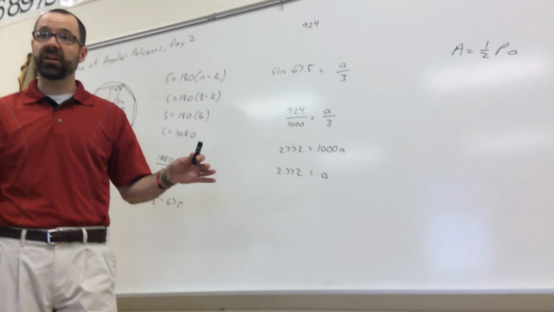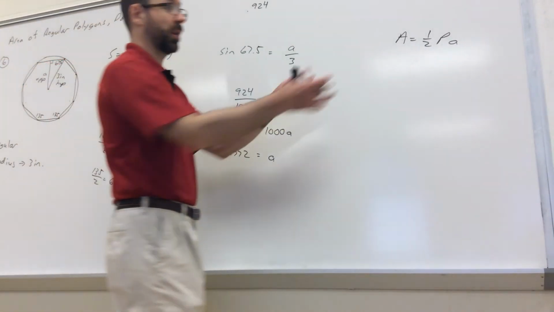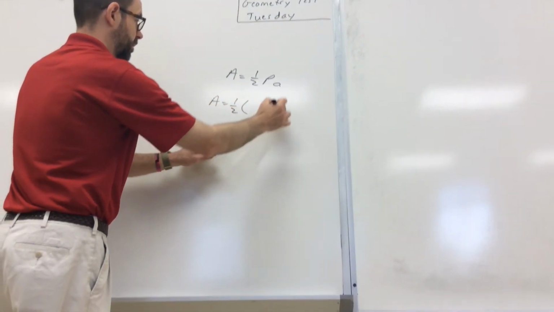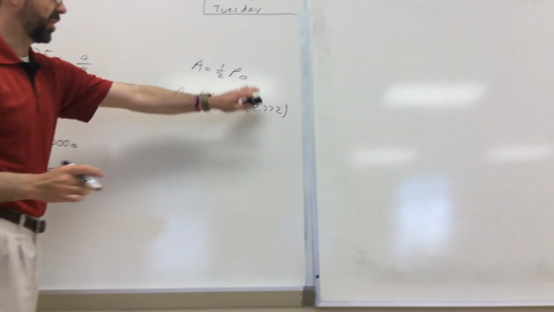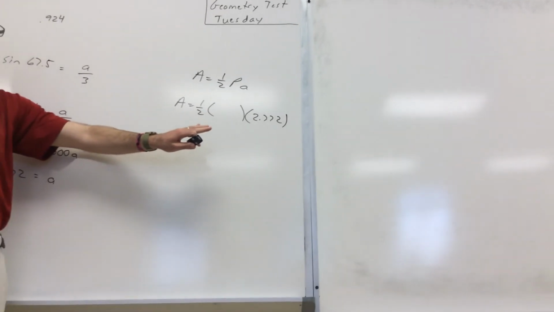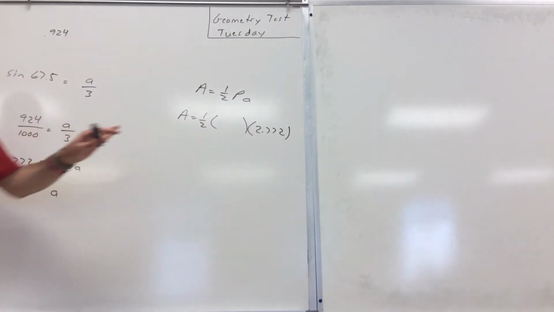So we're getting close now to being able to find the area, because now we have the apothem. We come over here to our area formula and plug in 2.772 for apothem. We just have a little bit more work to do to figure out the perimeter, right?